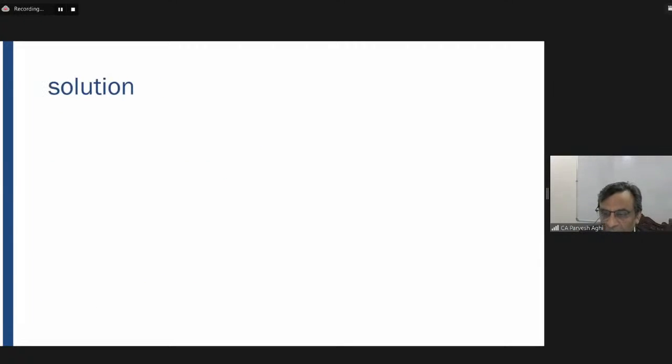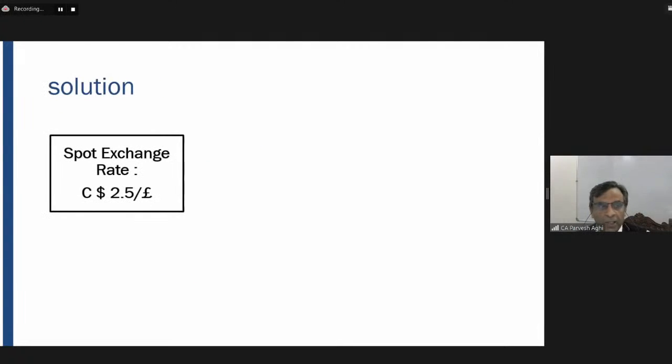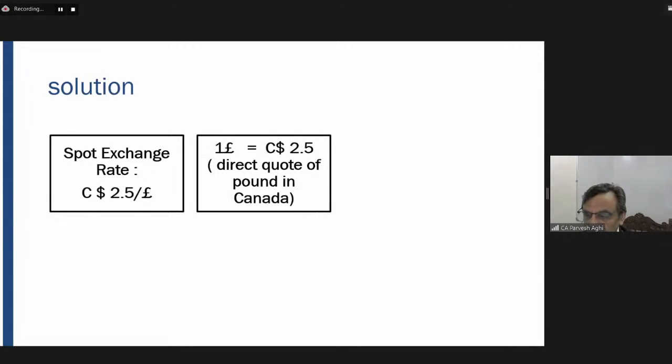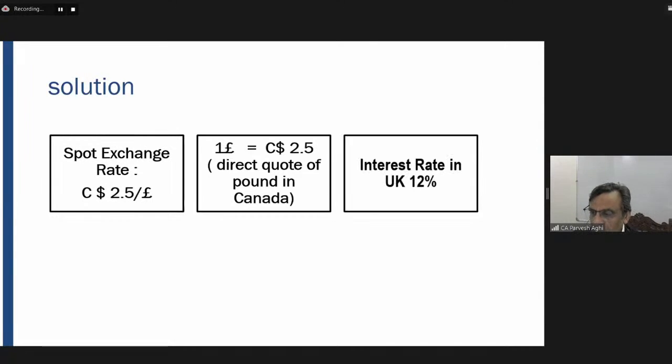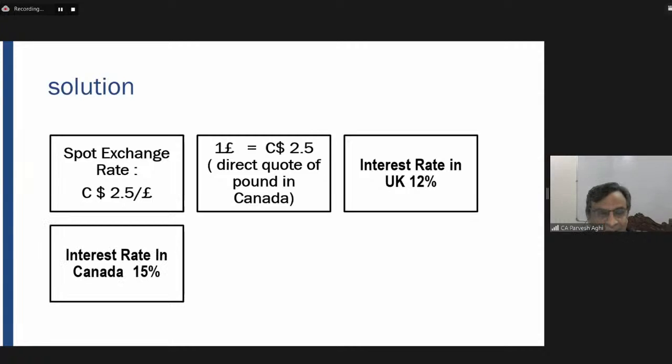So let's understand. First of all, we must know the forward rate. The spot rate today is one pound is equal to 2.5 Canadian dollars. So this is a direct quote of pound in Canada. Now, interest rate in UK is 12%, and interest rate in Canada is 15%.